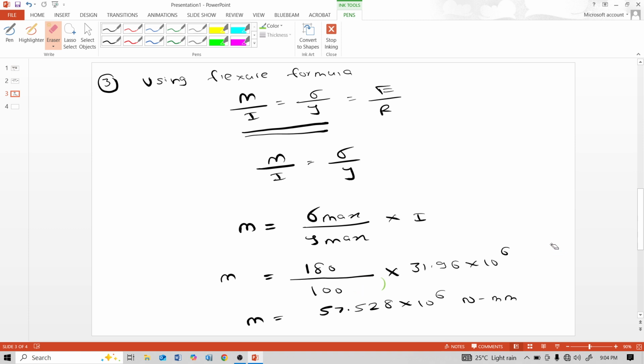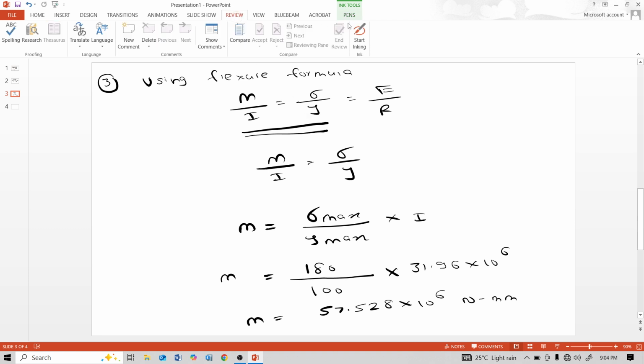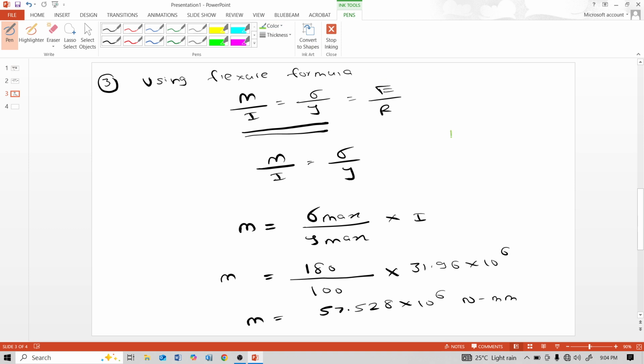Now convert this Newton mm value into kilonewton meter. To convert, see here, 1 Newton is equal to 10 raised to minus 3 kilonewton, and 1 mm is equal to 10 raised to minus 3 meter. So multiply by 10 raised to minus 6.